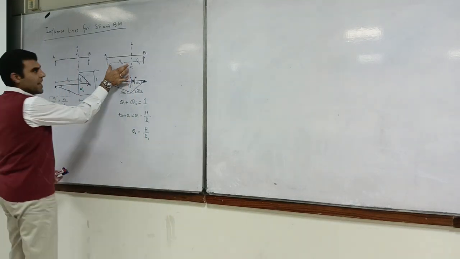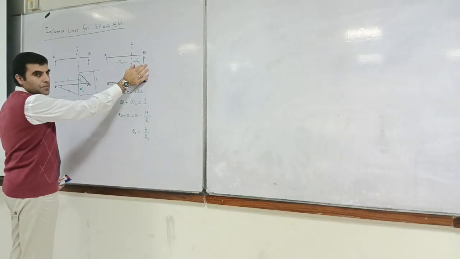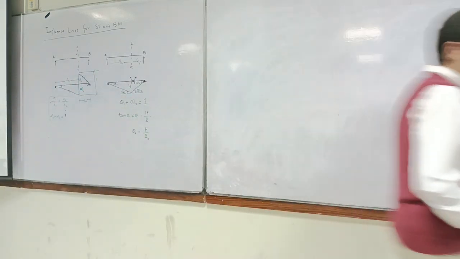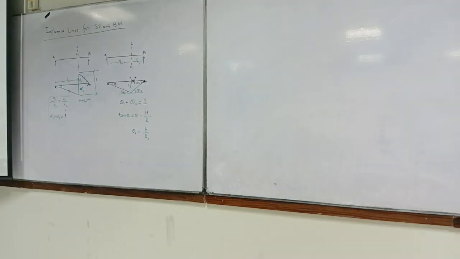Small h1 is this length and small h2 is this length, because we are assuming theta very small. Shall I rub it off?